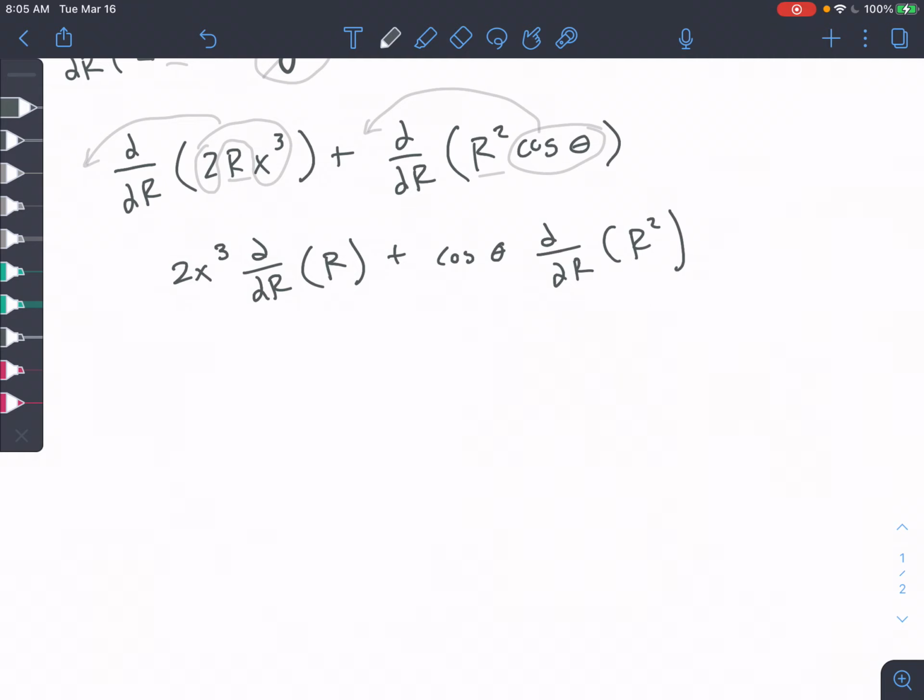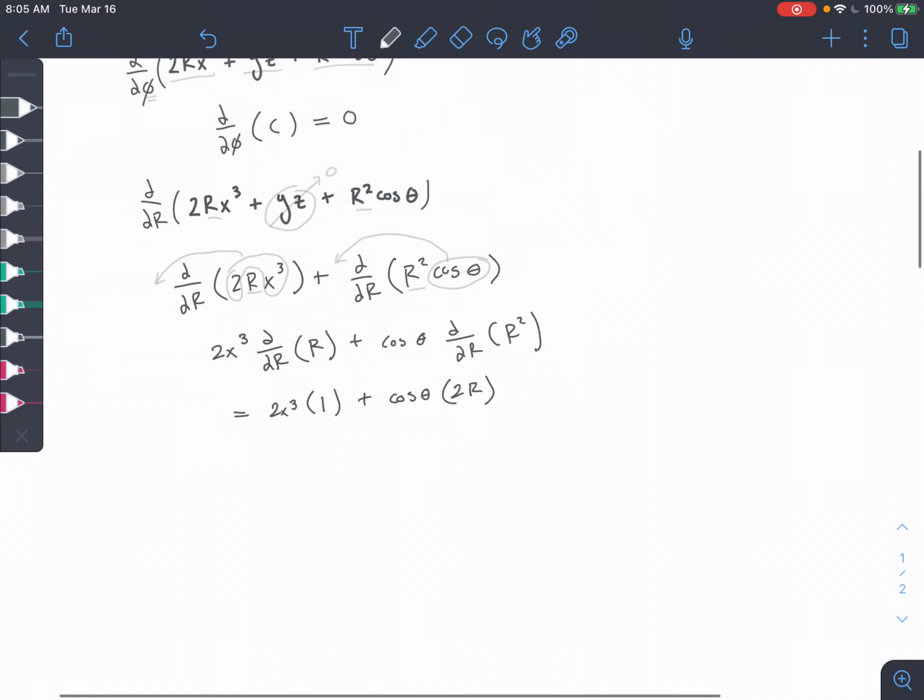So what's the derivative of r with respect to r? It's like the derivative of x with respect to x, just 1. So times 1, and then we have cosine of theta, derivative of r squared with respect to r. Okay, so that's our solution there.